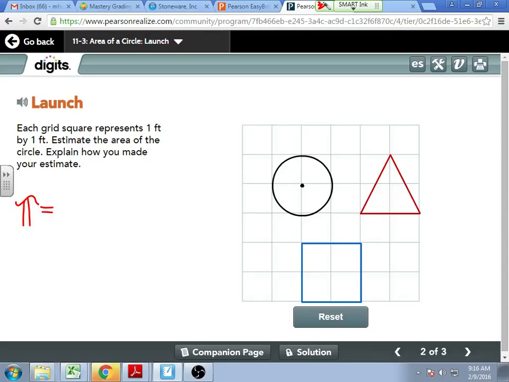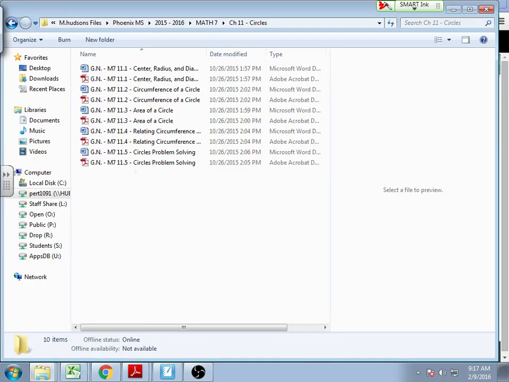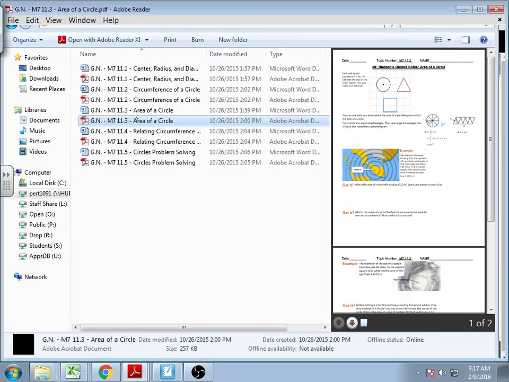Eli? I need everybody at the top of your notes to write pi equals, because if you can't answer this right now, you need to be able to answer this. Thomas? So it's the circumference of the circle divided by the diameter of the circle.